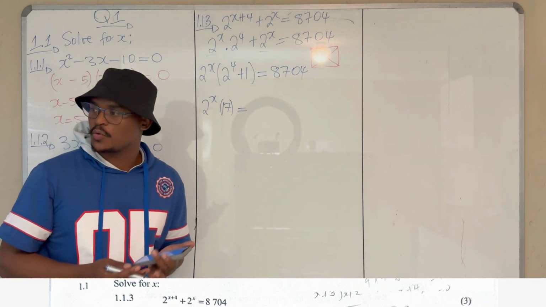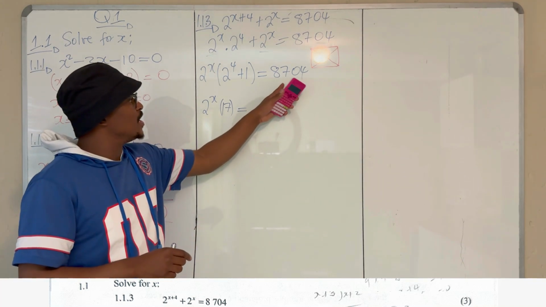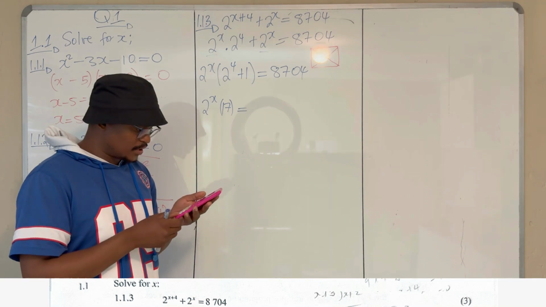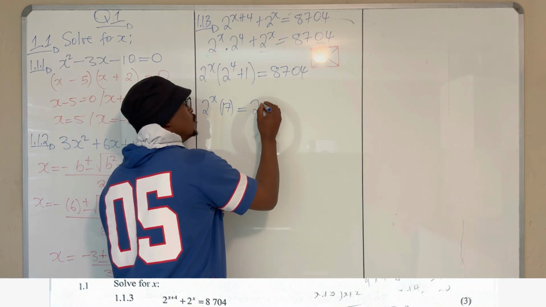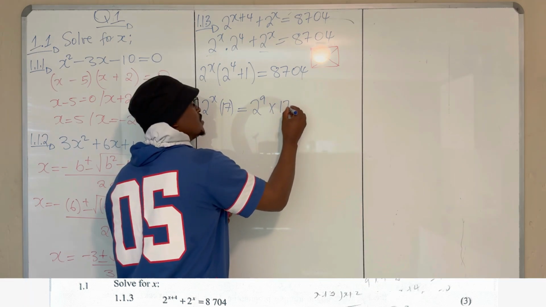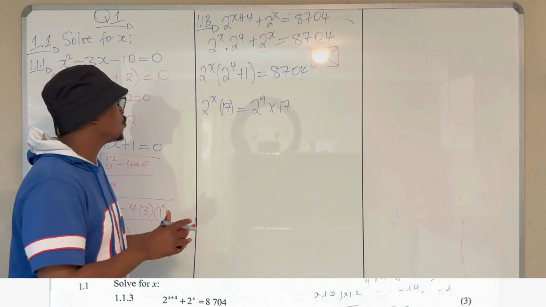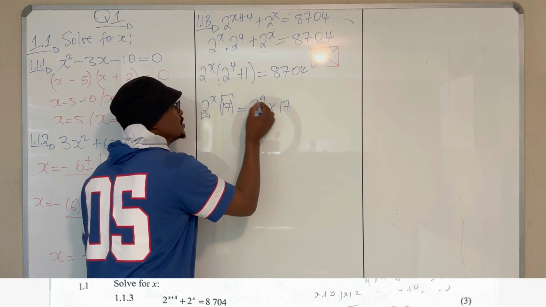Let's decompose that and see what it is. So if you find the factors of 8704, what are the factors? It's equal to 2 raised 9 times 17, right? So those are the factors of that. So what that means is this part is this part and this part is that part.